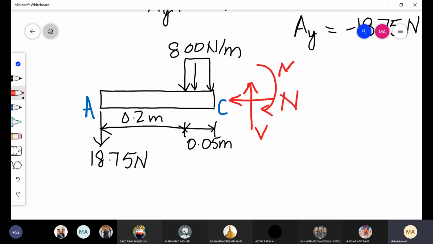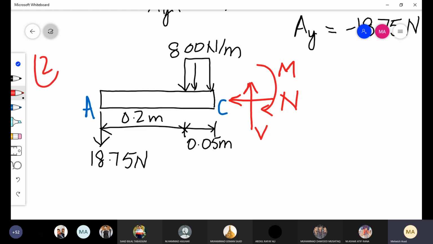We will assume some directions for all of these internal loadings. If the answer comes positive, हमारी assumptions ठीक होंगी और अगर answer negative आ जाता है, we will have to change the direction of the assumed internal loadings. अभी हमने V, N और M calculate करना है. Free body diagram is done.